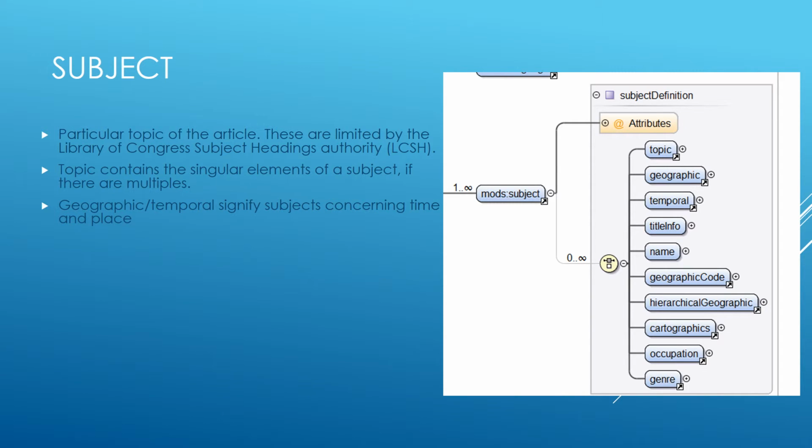The geographic and temporal element terms signify subjects concerning time and place. So if your subject is about Botswana, you would say geographic. If it's about the 18th century, temporal. And if it's about pretty much anything else, you just use topic to cover it.